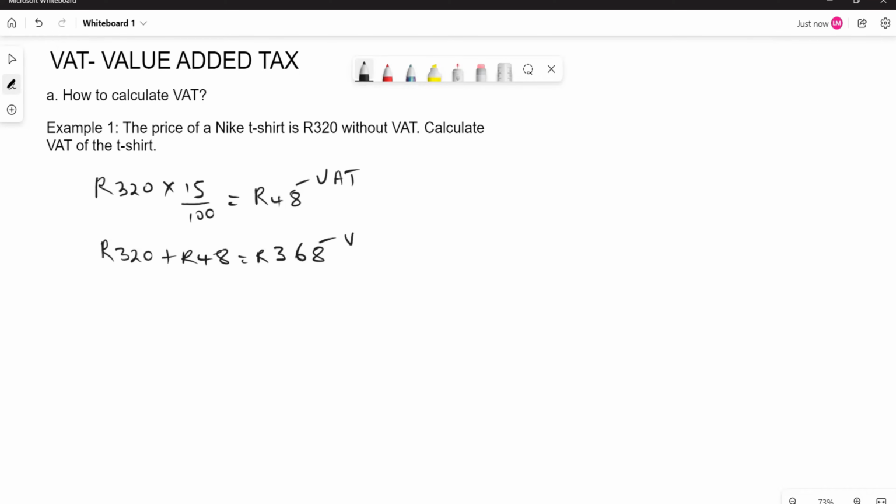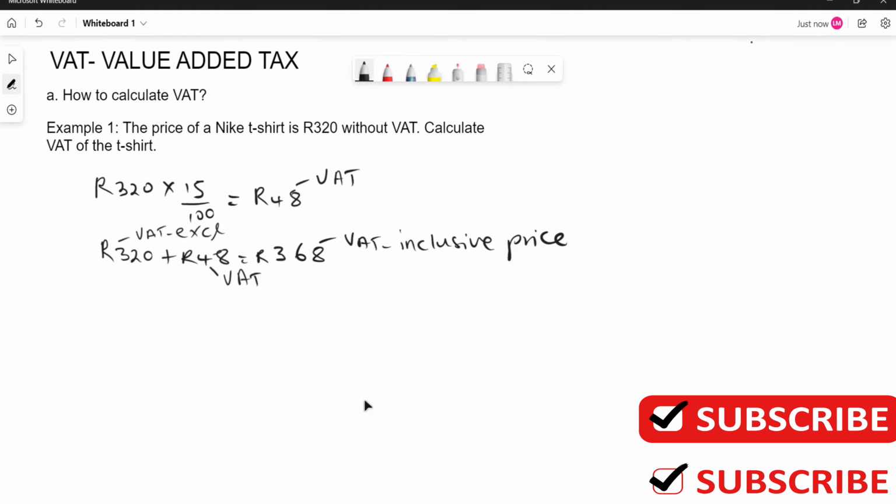And this is called a VAT inclusive price. And how did you get the VAT inclusive price? It's your VAT exclusive price, I'll just abbreviate it, plus your VAT. It gives you your VAT inclusive price.